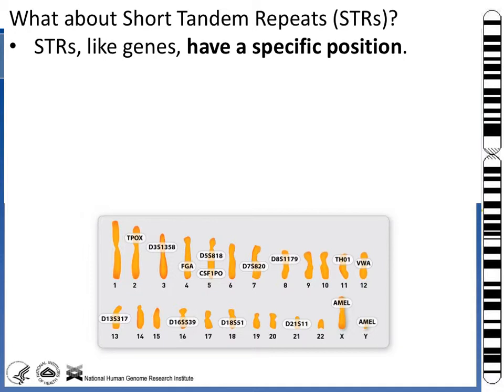It's highly unlikely that an individual who's not related to someone else might share one repeat at one locus, but not a whole series of others at 13 others. And so it's kind of like a DNA fingerprint. We're going to be talking about short tandem repeats in a little bit.